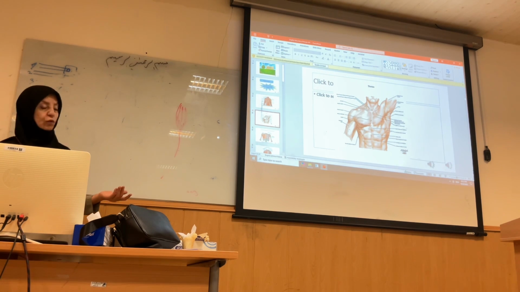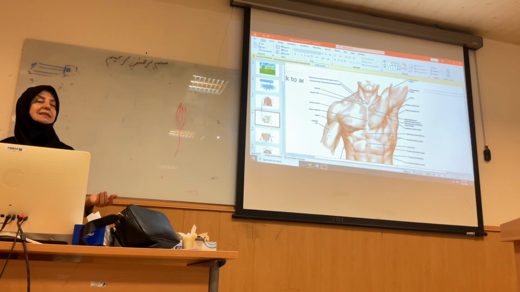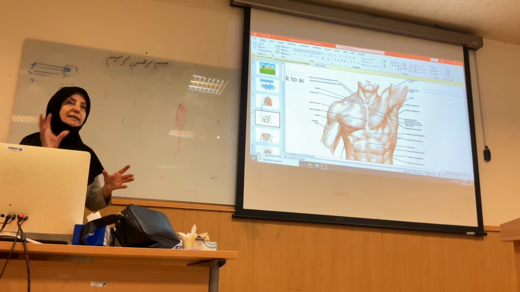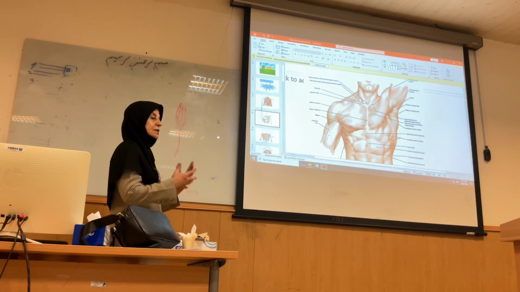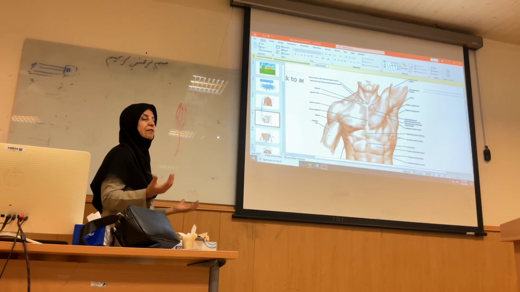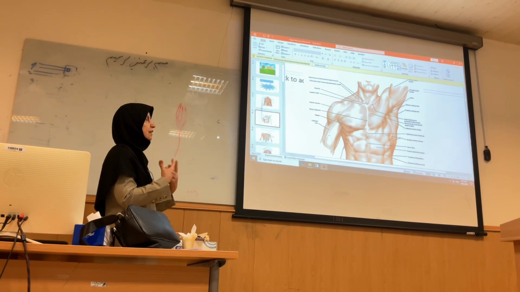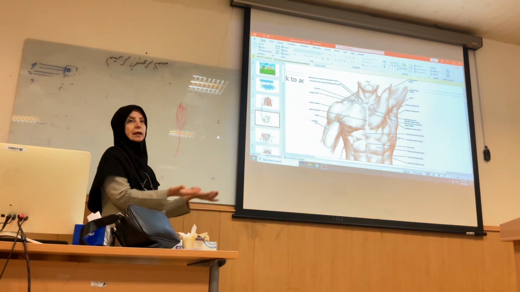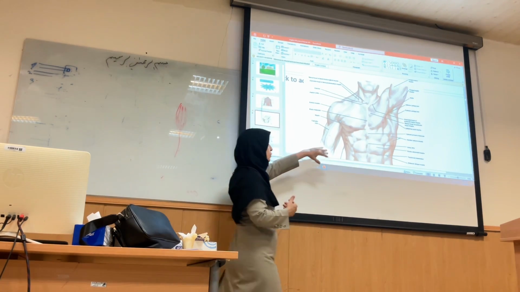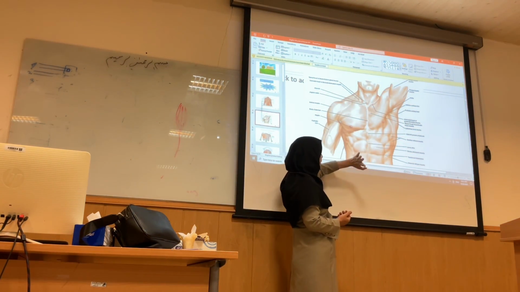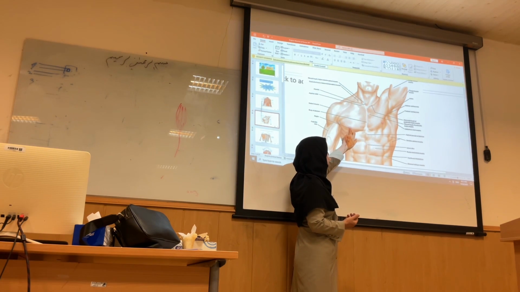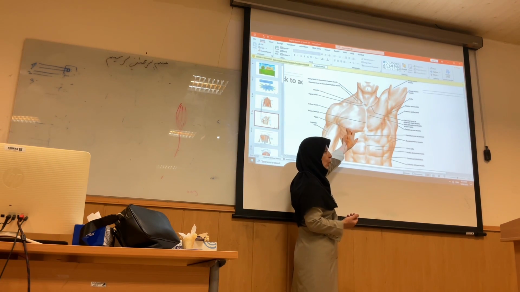Now, when you remove the skin in the anterior wall of the thorax, you are able to see the breast, the mammary gland. The mammary gland is not in the skin of the back. So in different parts of the body, we have something special. In the anterior wall of the thorax, before we remove the skin, I should show you the nipple and areola.